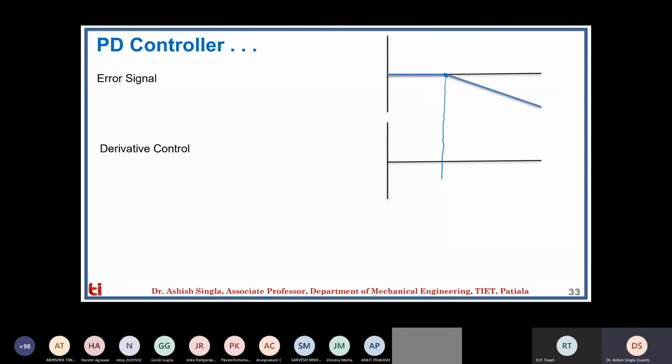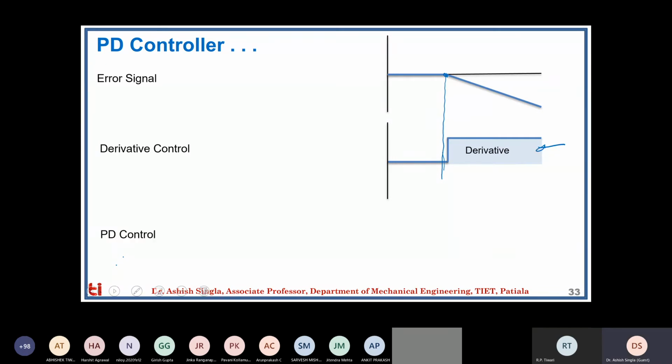So when there is no error change, you expect no output from the derivative control, like this up to here. And once the error keeps on increasing, you will have a steady, constant rise. So that is the derivative controller. This is the contribution of the derivative controller.